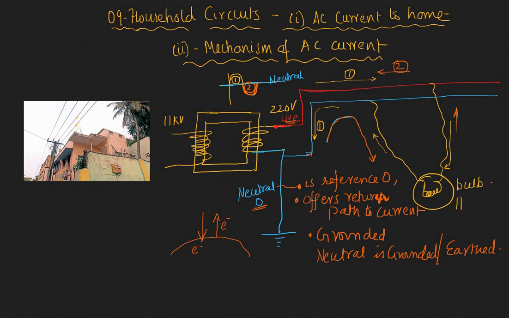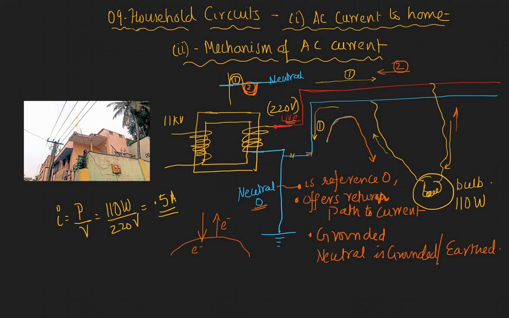Now before we end, let's assume this bulb is about 110 watts. We know that the live is 220 volts with reference to the neutral. So the current that you draw is given by I equals power divided by voltage, in other words 110 watts divided by 220 volts, and that amounts to 0.5 amperes.